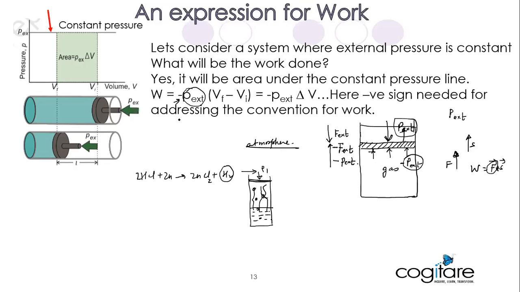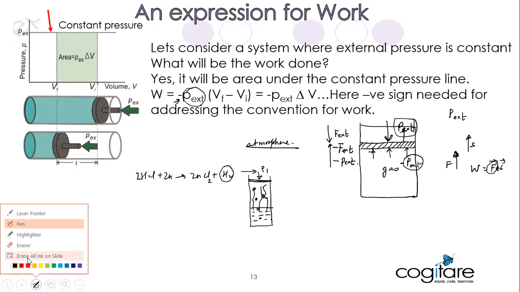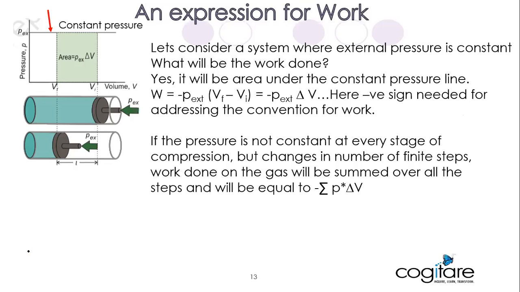All right, that part is covered. Go ahead. It'll be the area under the constant pressure line. W is equal to minus P external into V final minus V initial, which is equal to minus P external delta V. Here, the negative sign is needed for addressing the convention for work.